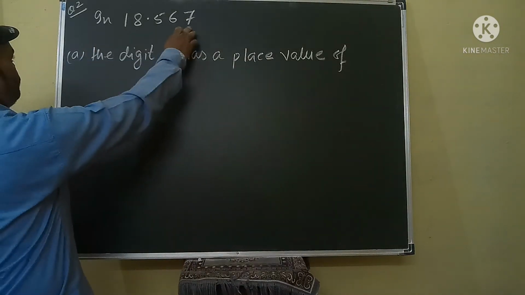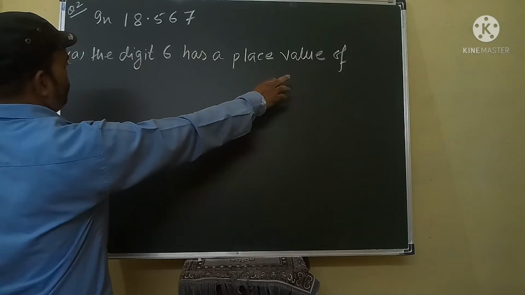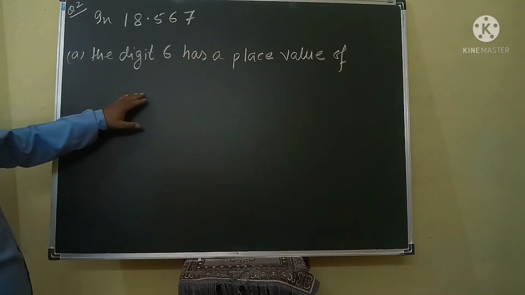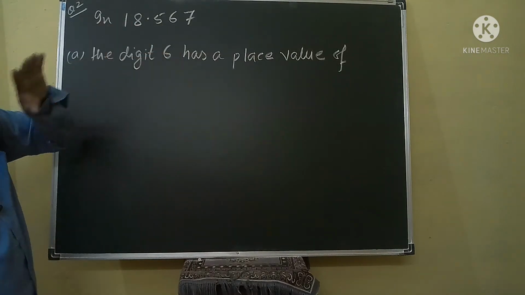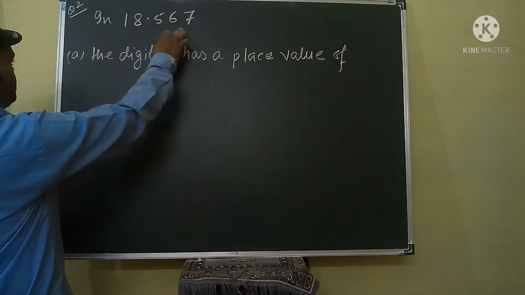Now my dear student, your second question is: in 18.567, the digit 6 has a place value of what? That means in this question we will find out the place value of 6. Now look here, you know very well this is a decimal number.